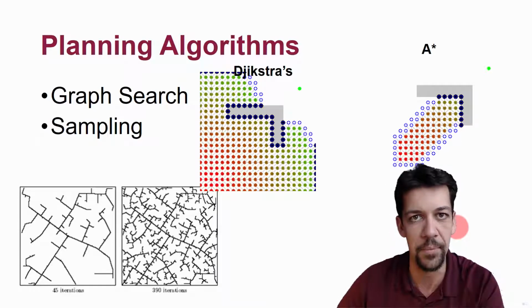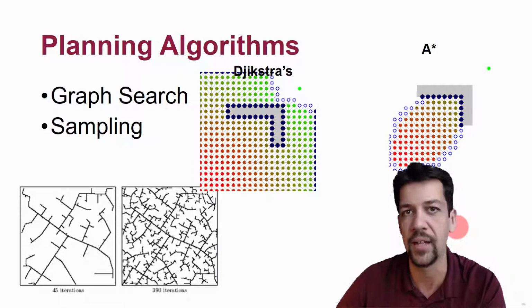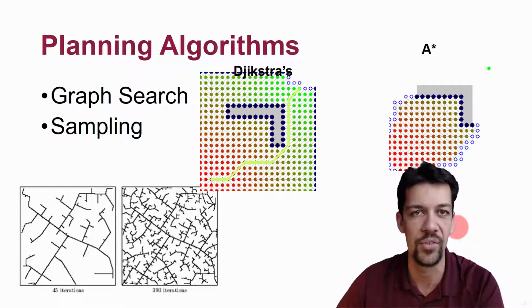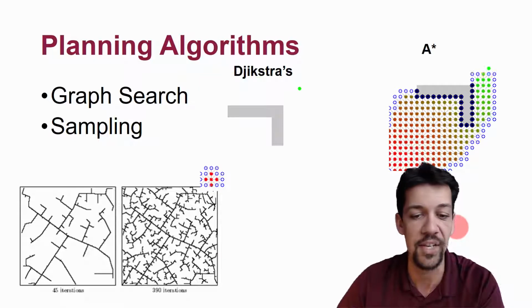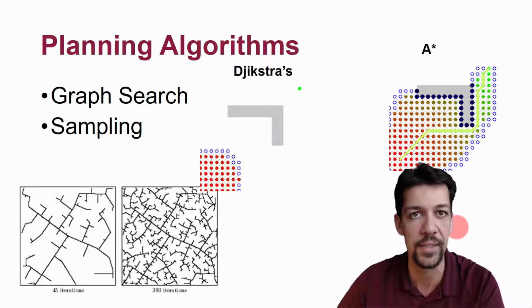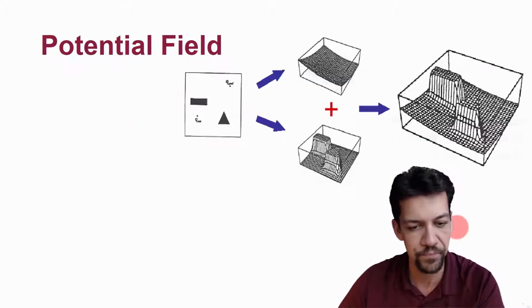There's also random sampling trees, which is a way of growing a graph that searches through the state space randomly, and we can sort the paths by optimal ones. Random search is very, very quick, so it's easy to find one, but it doesn't always result in an optimal path like Dijkstra's and A-star might.